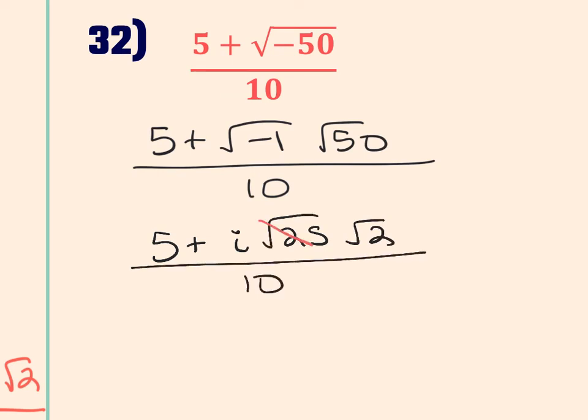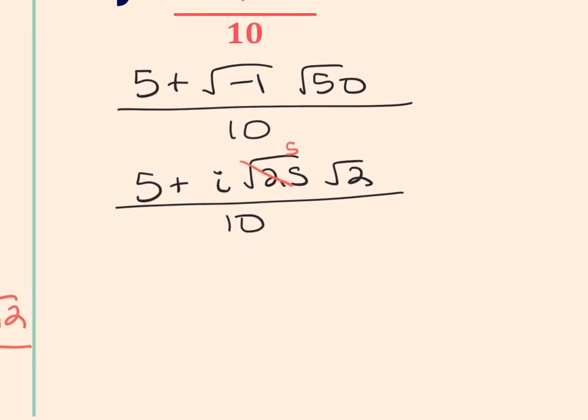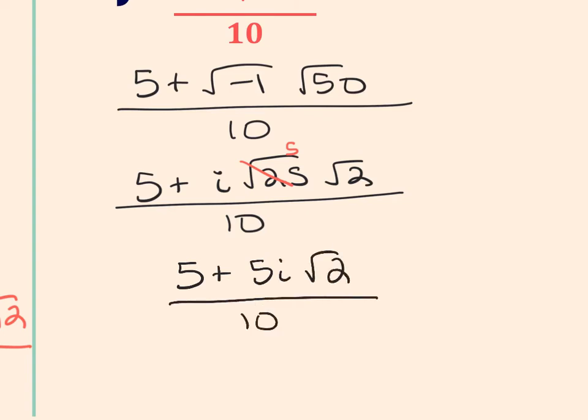Square root of 25 is 5. So now I'm left with 5 plus 5i square root of 2 over 10. I need to simplify. Divide them all by 5s. Final answer is 1 plus i radical 2 over 2.